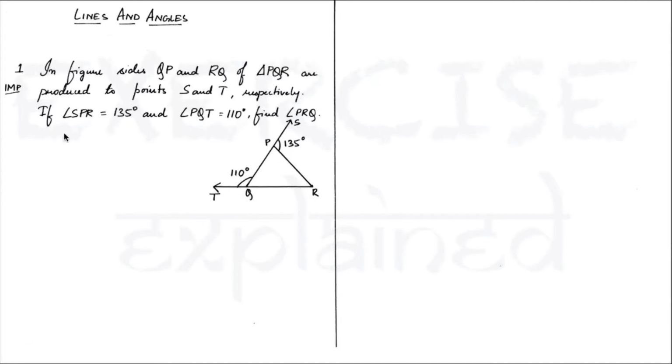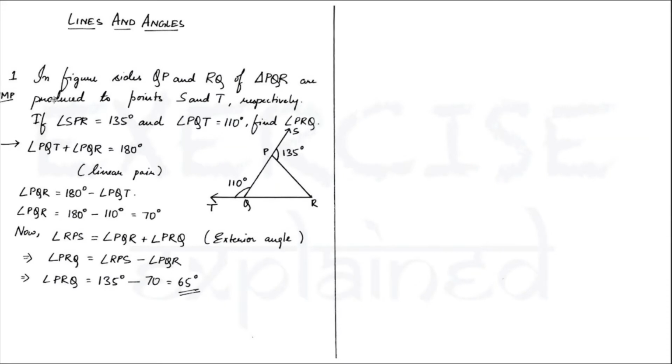So here you can see I have taken angle PQT plus angle PQR is equal to 180 degrees. That is PQT is this one and PQR is this one. So if we add both of them, they add up to 180 degrees. That is because of linear pair.